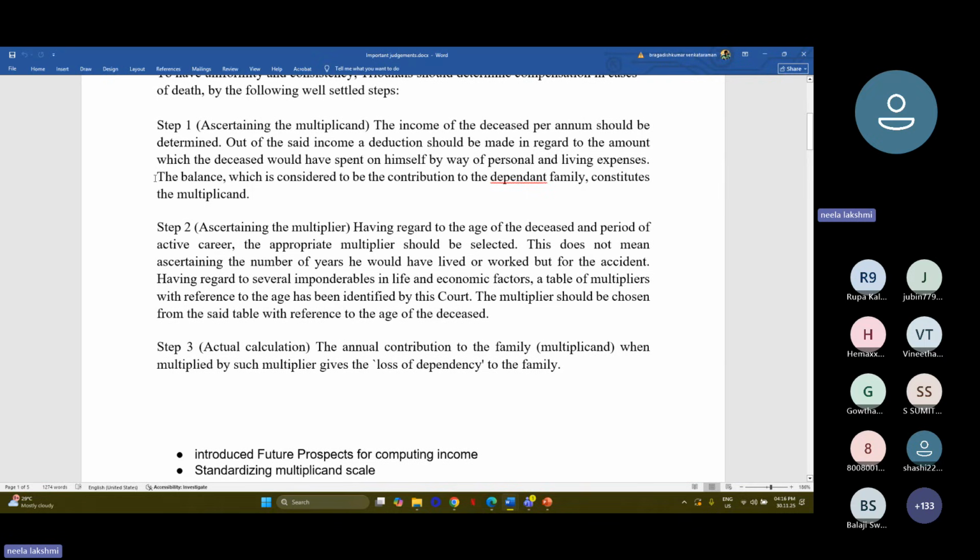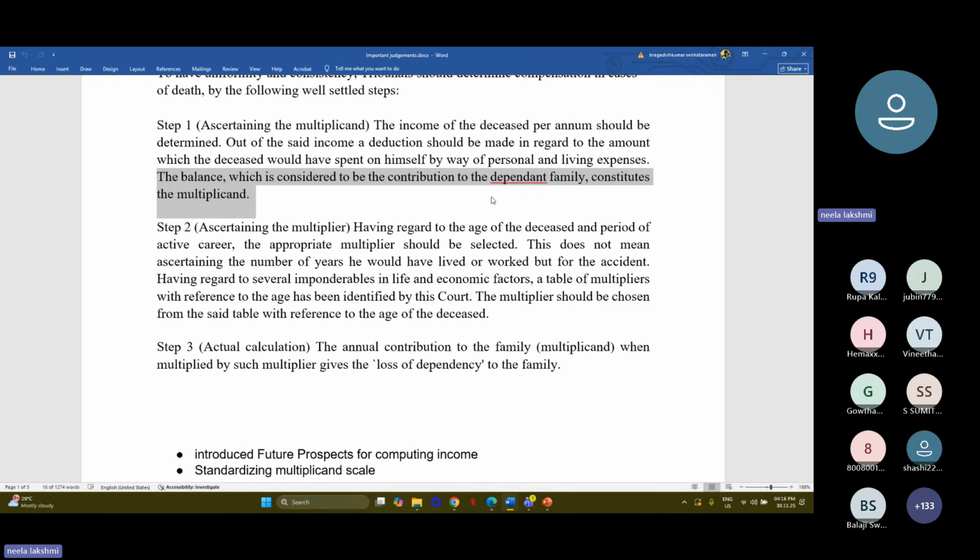Only the balance can be taken as the loss of income towards the family members. That is known as multiplicand.